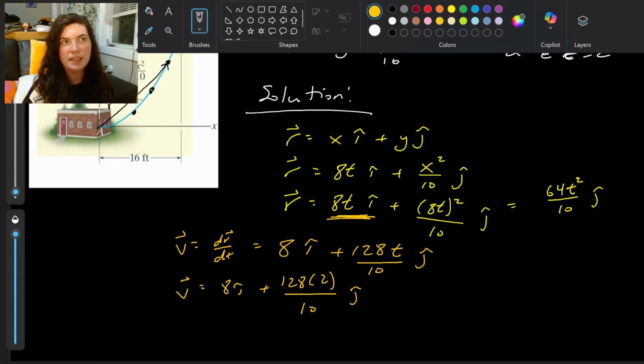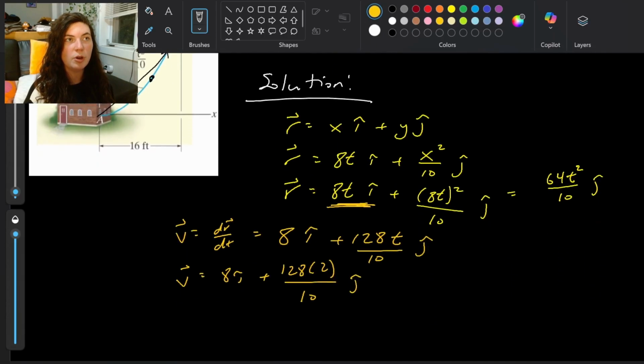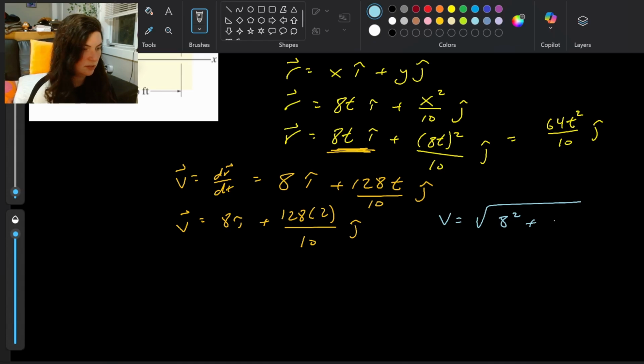Which is great and all, but it didn't really ask for it in vector form. It explicitly said what's the magnitude and direction of that velocity. So if we remember, our magnitude can be given just by taking the square root of the squares of the components. So that velocity magnitude is going to be the square root of the x component, 8 squared, plus the y component squared, which, let's simplify this to 128 over 5 squared.